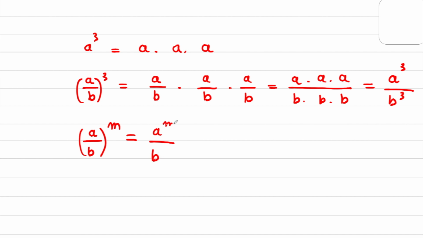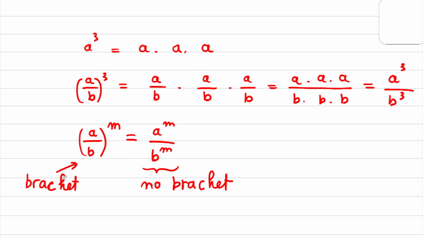The first one you get m in b here, and the second one you get m in b here. And for this writing, one more time you can see we have no brackets for this one, and for this one you have brackets. So the fundamental knowledge about these indices is not too difficult, right?